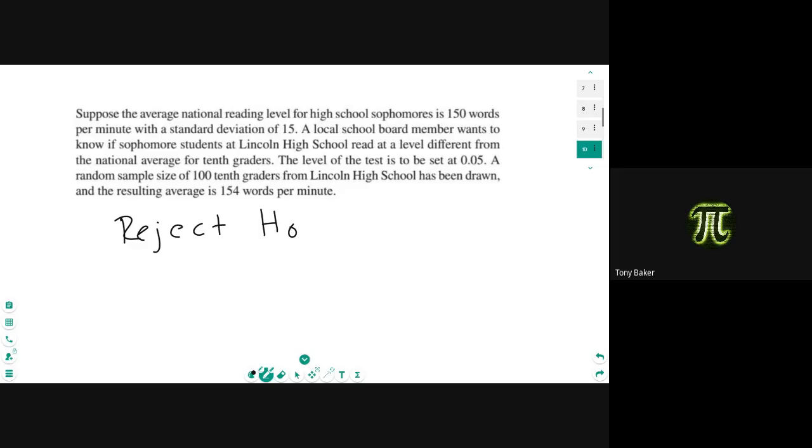We've rejected the null hypothesis, so we can say that there's significant statistical evidence that the high school reads at a different level than the national mean. Okay? I'm going to type this because I know I'm going to. Yeah, or significant statistical.